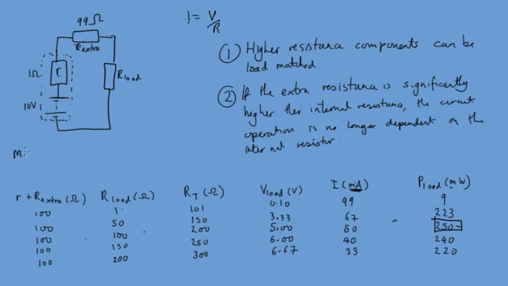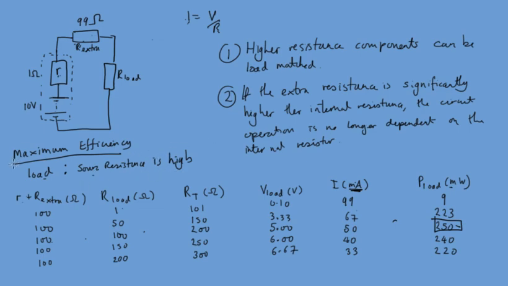Maximum efficiency occurs when load to source resistance is high, so the ratio of load to source resistance is as high as possible.